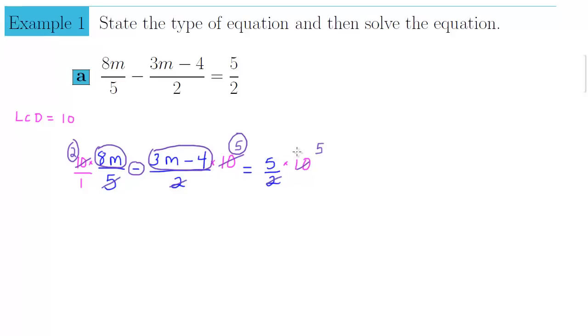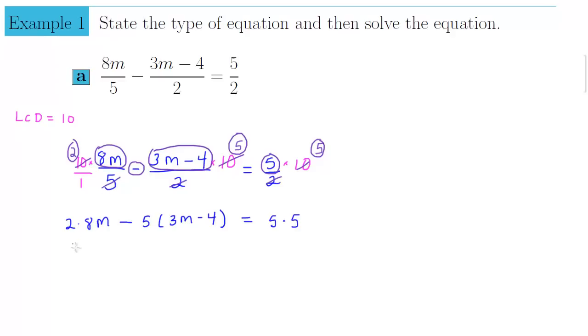And then in the last term, on the right side, I end up with a 5 and a 5. So let me write what I have after all the dust settles. So just like I said, here we get 2 times 8m. Here we get a negative 5 times 3m minus 4. Okay. And then on the right side, we have 5 times 5.